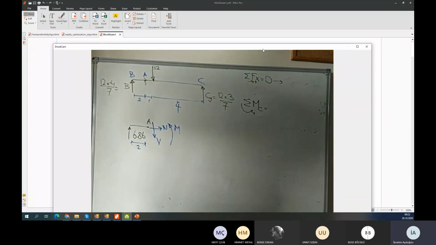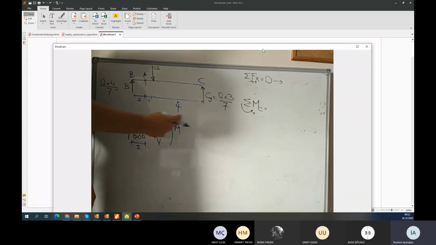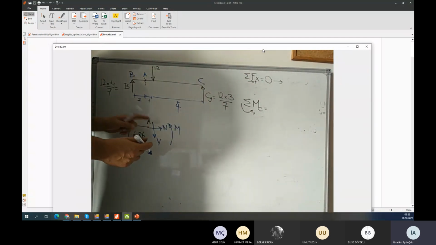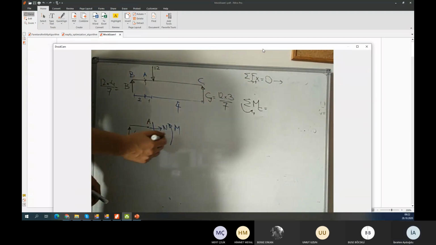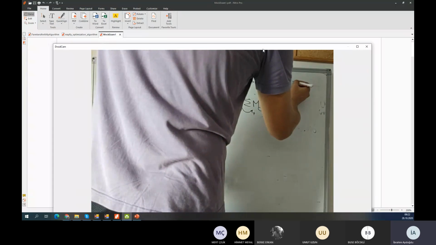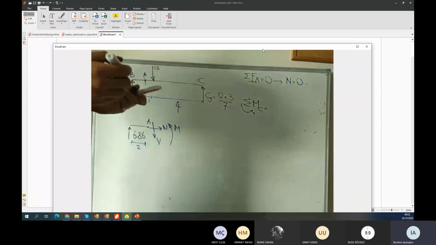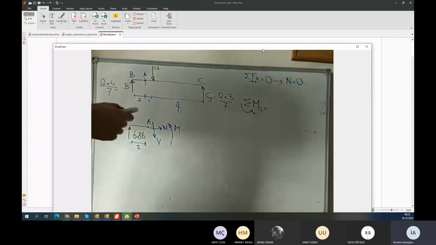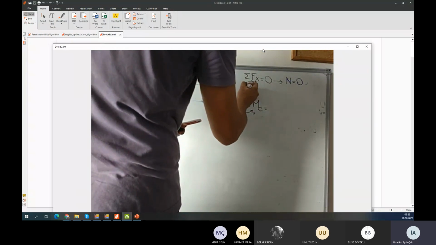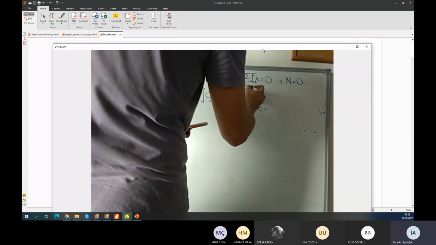You can see in the x direction there is no force except the normal force. So the normal force is equal to 0. Okay. I want to continue with sigma Fy equal to 0.